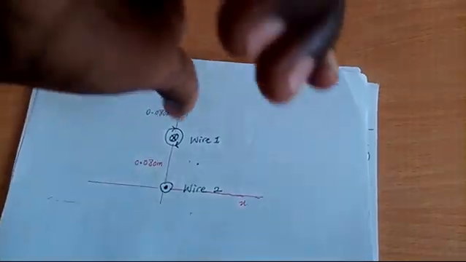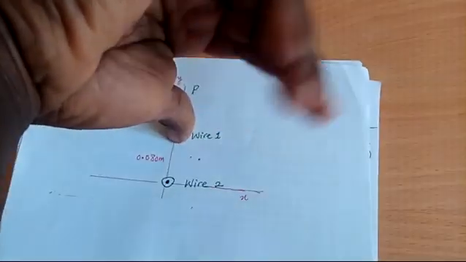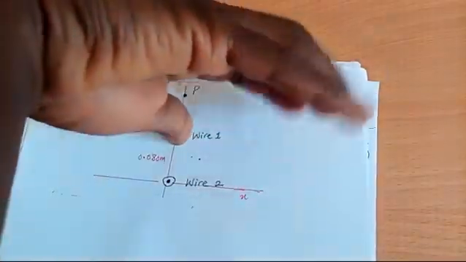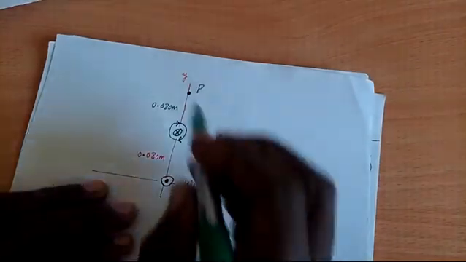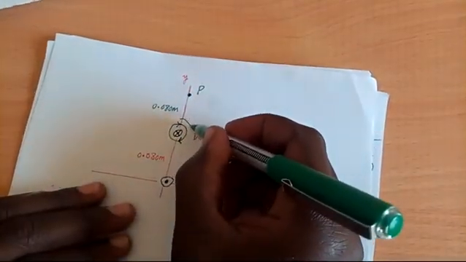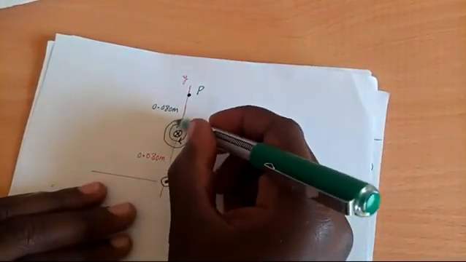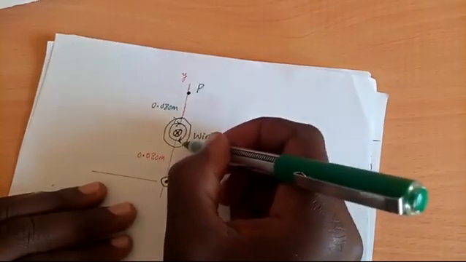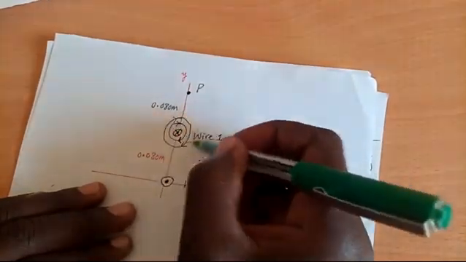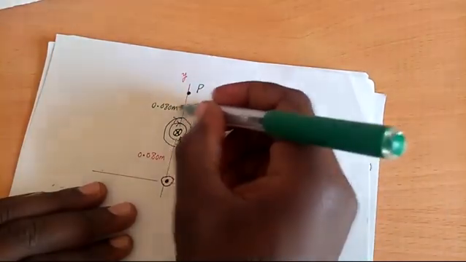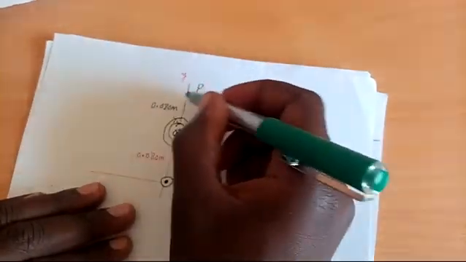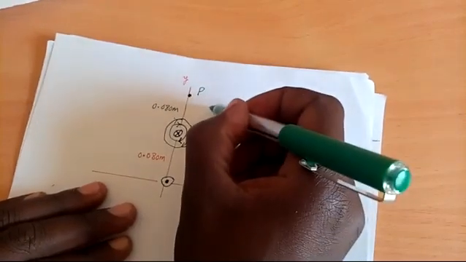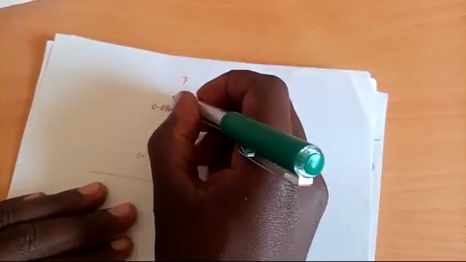This is my thumb at wire 1. Then I curl my fingers in this direction, you see it's clockwise. So this means I will have concentric circles here for the magnetic field, and they all point in clockwise direction. These circles continue until you have another one that passes through this point P.